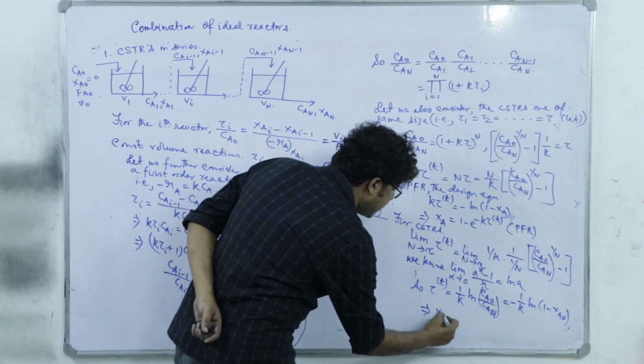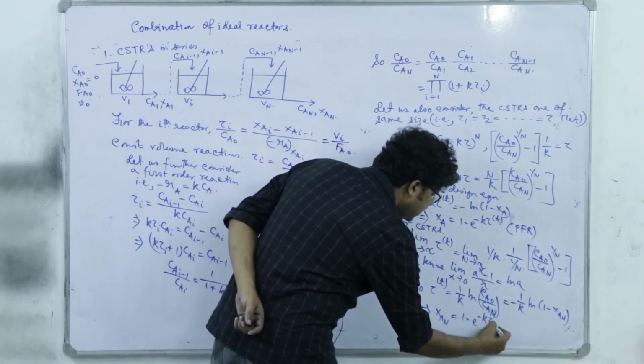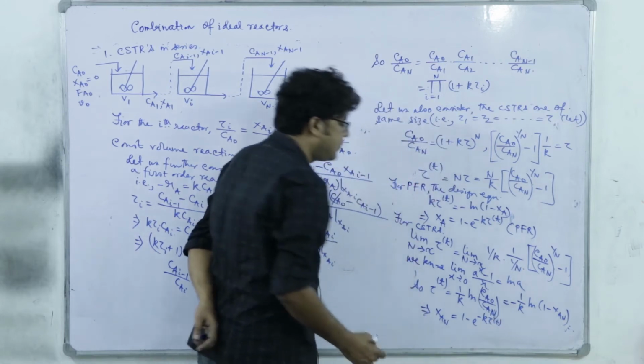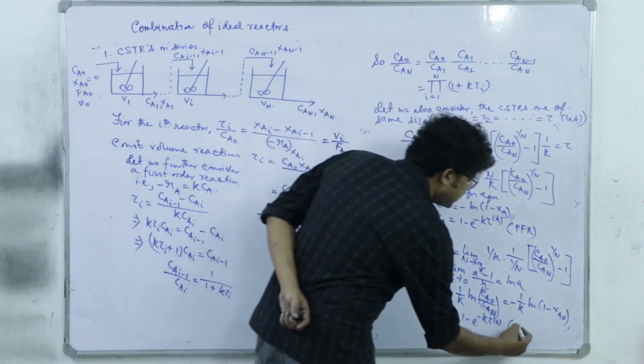So obviously Xn is equal to 1 minus e to the power minus k tau t, right, which is the same as that of PFR.